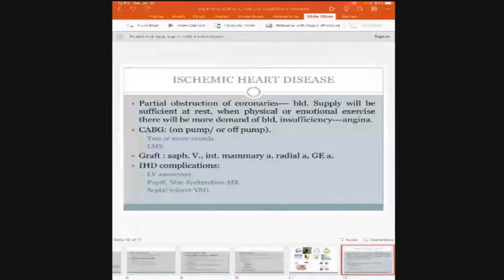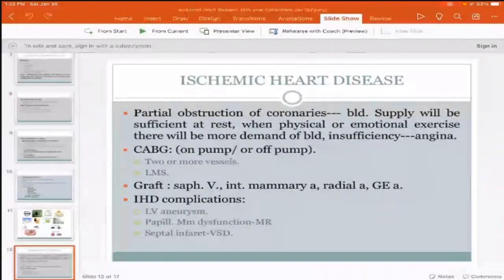Now, sometimes we need an emergency CABG. First of all, when we have a complication of ischemic heart disease, like a ventricular septal defect related to the myocardial infarction.